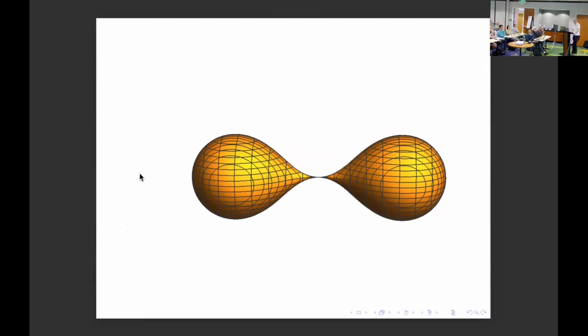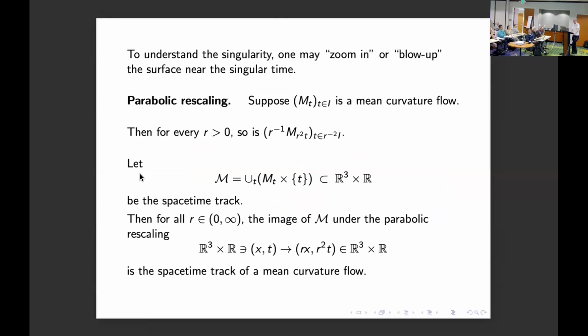Okay. So now a natural question is how can you understand these singular points? So the strategy is to use blow-up. Okay. So this is based on a symmetry of the equation. Of course, if you have a mean curvature flow, you translate it or you rotate it, you get another mean curvature flow.